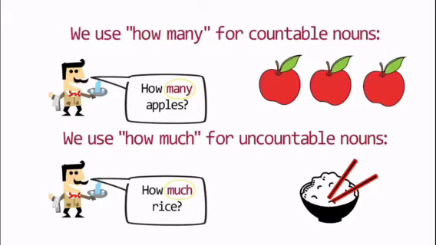You can answer. There is a lot of rice. There is much rice. You can say there is a bowl of rice. Great. But here we can't say there are rice, because it's uncountable. Great.